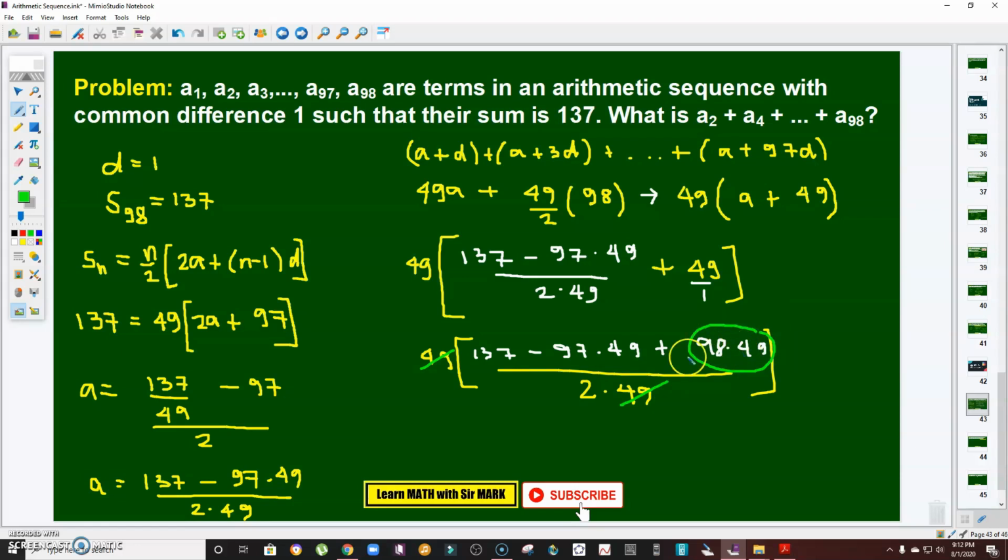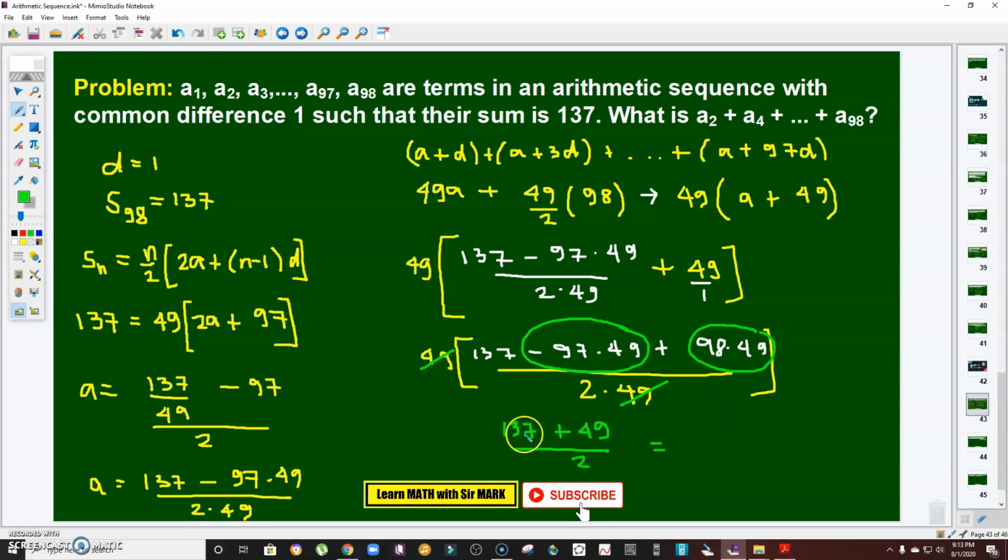So, 98 times 49 minus 97 times 49 is just 49. Agree? So if I simplify this, what will be left is just 137 plus the sum of these two, which is 49, all over 2. See the trick there?